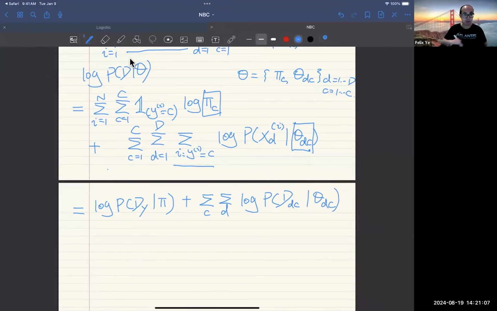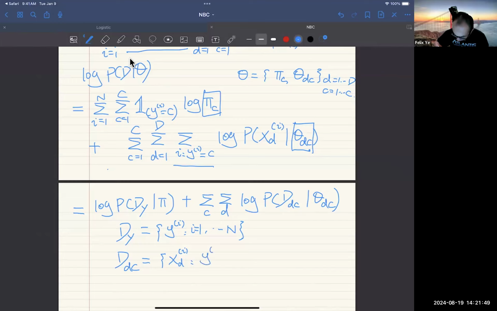So I'm going to separate the data into those groups. The first, d_y here, is all of my data y_i, with i from 1 to n. I group this, and these are all the labels. For the data d_dc here, I'm interested in all my features x_d^i where y_i is equal to c.